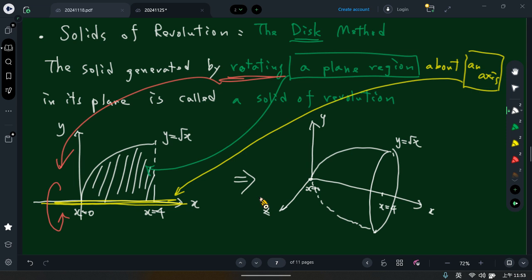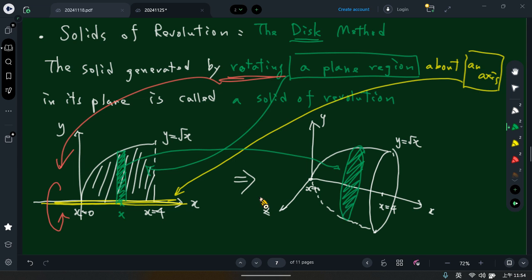Right, after you just rotate it, for example, if we focus on this part, for some certain x, after you rotate it, you can get this shape, the cross section.